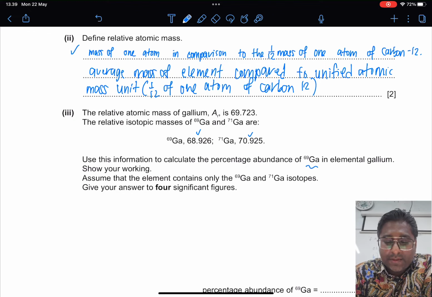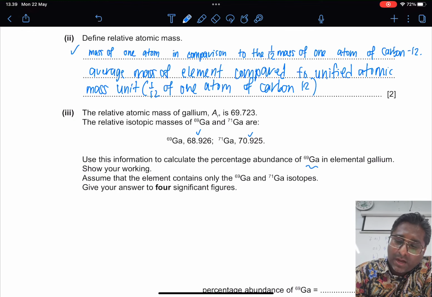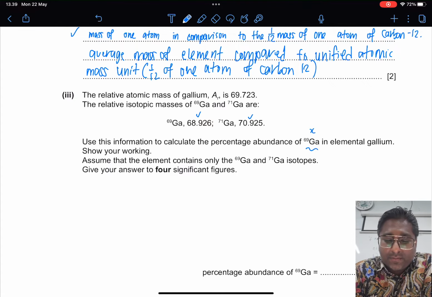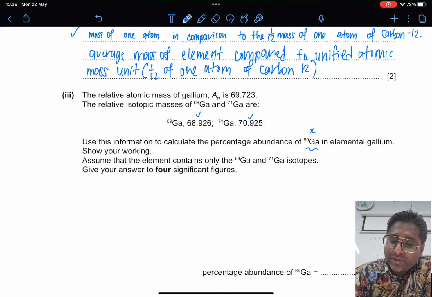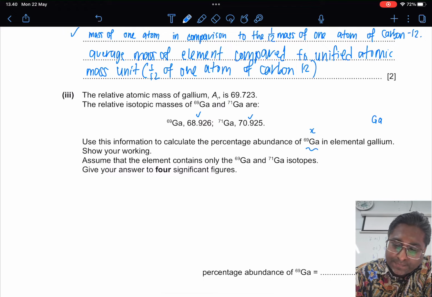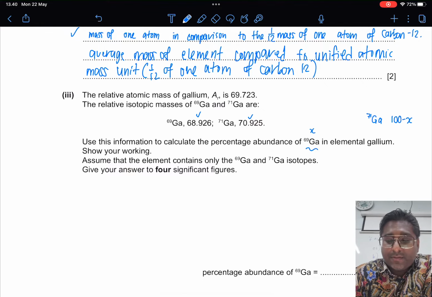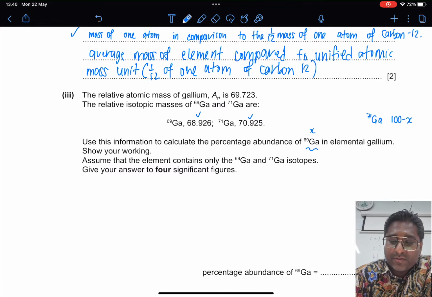Let the percentage abundance of gallium-69 be X. Then gallium-71 should be 100 minus X. Do you agree with me? We assume the element contains only these two isotopes, that's why we put 100 minus X.